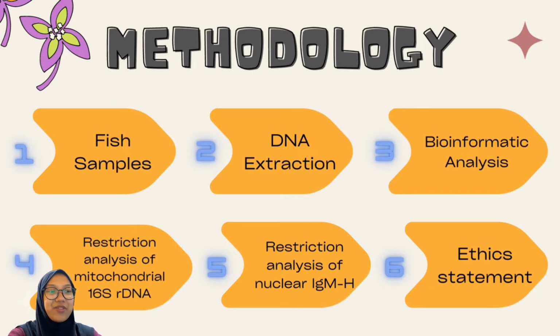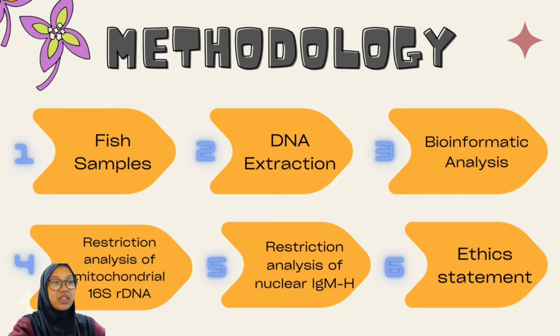The genetic diversity and population structure of 6 Pangasiid species has been previously published based on the polymorphism of 16S rDNA. Then, we will do the restriction analysis of mitochondrial 16S rDNA. And then we will proceed with the restriction analysis of nuclear LDH.